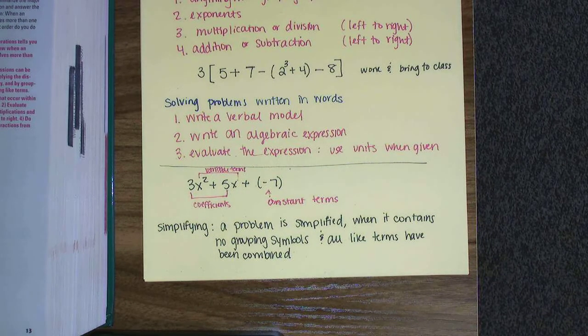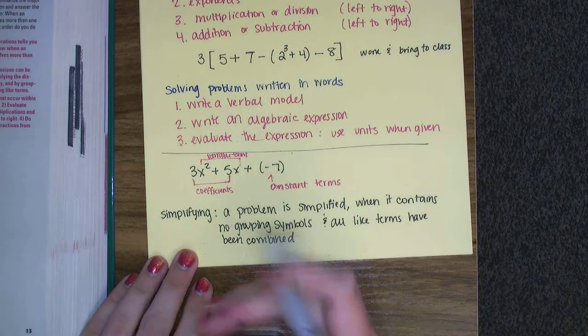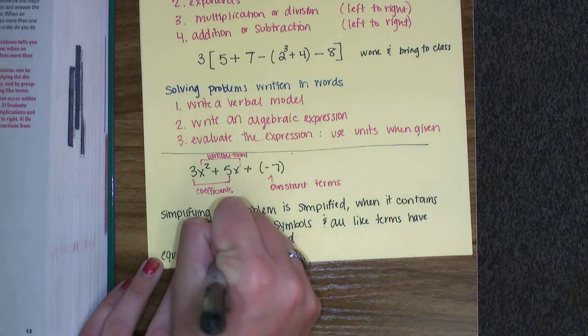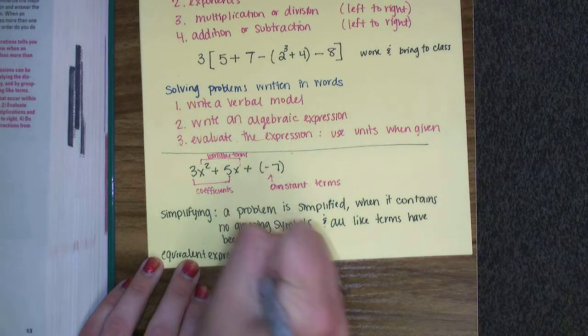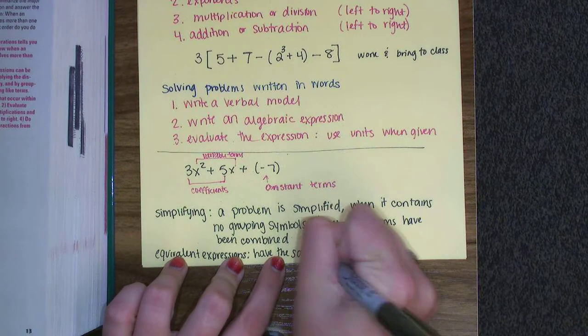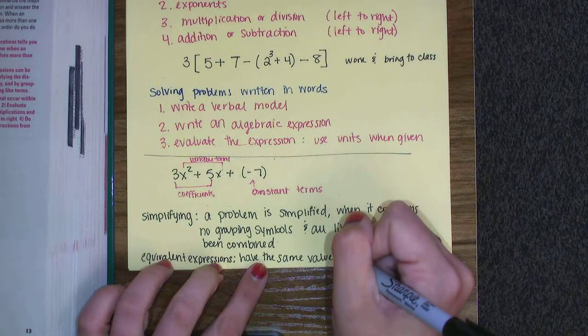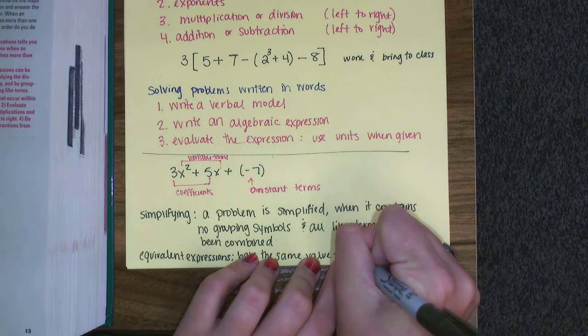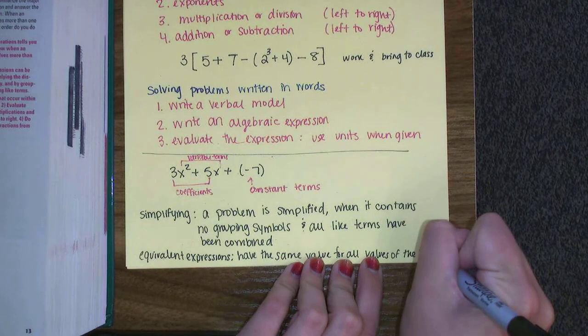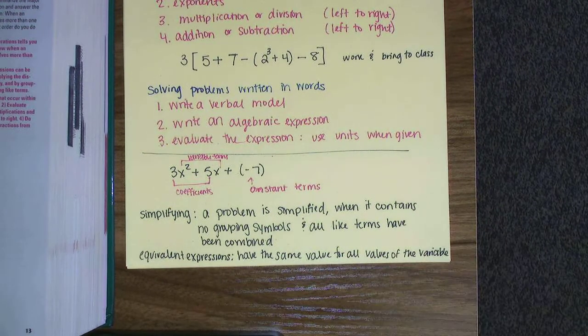And one last definition here, and we'll be done. Equivalent expressions have the same value for all values of the variable. We'll talk more about what that looks like and do some examples in class. But this is all the notes and definitions that you need to know.